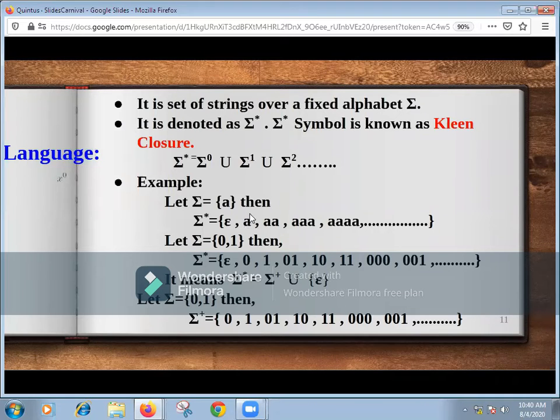Here you can see a single A shows the length of the string is 1. That is nothing but alphabet raised to 1. Union alphabet raised to 2. Alphabet raised to 2 means the set that contains elements having length 2.